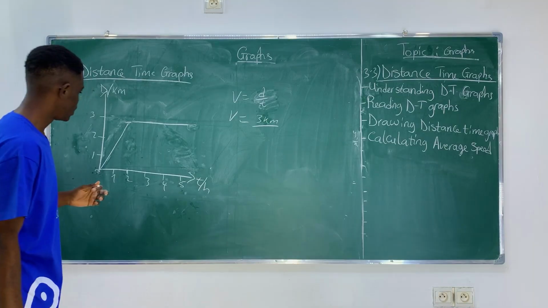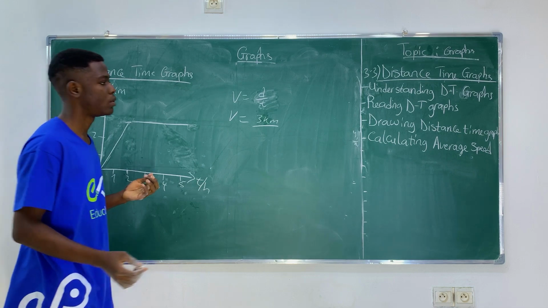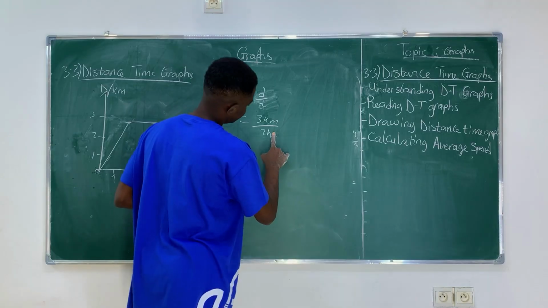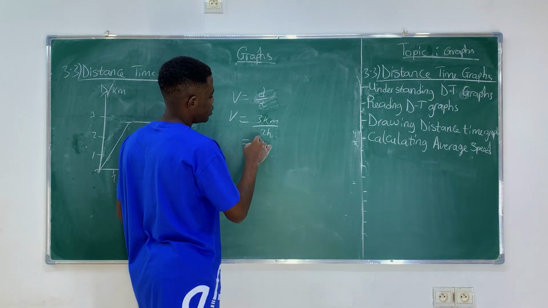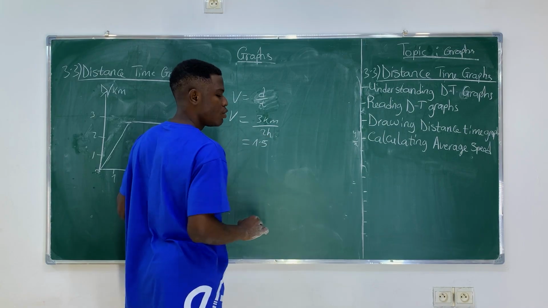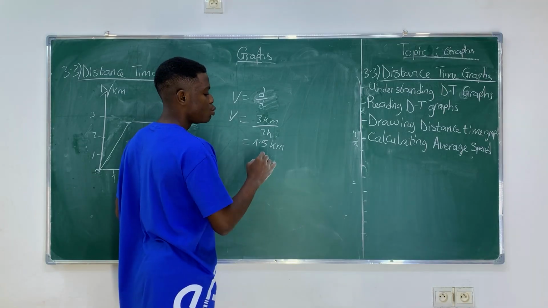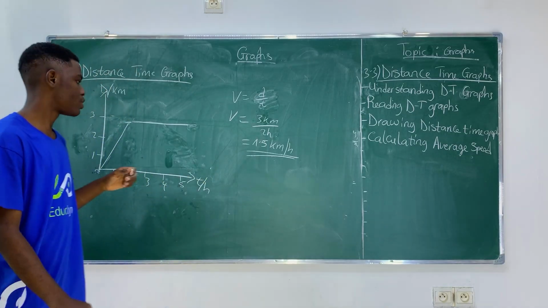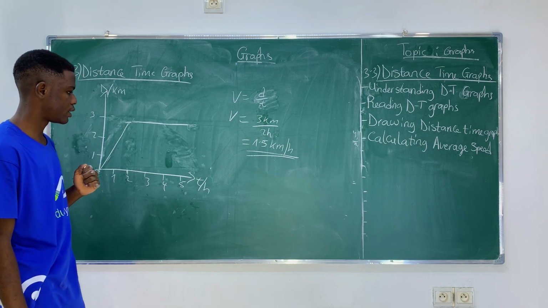And what is the time that the person took from 0 to 2 hours? 2 hours. So what is 3 divided by 2? 3 divided by 2 is 1.5. The person was moving at the speed of 1.5 kilometers per hour. That is the speed of the person for the first 2 hours.